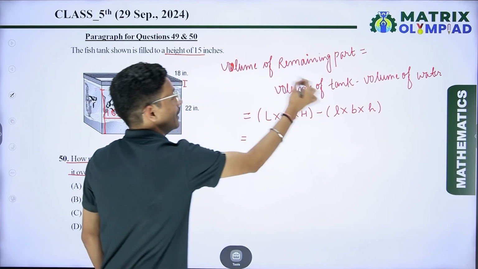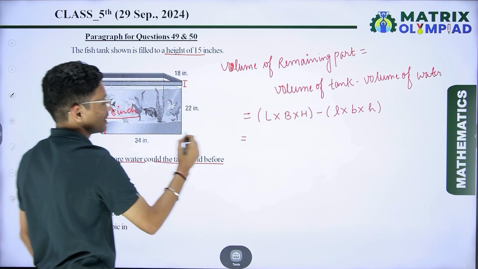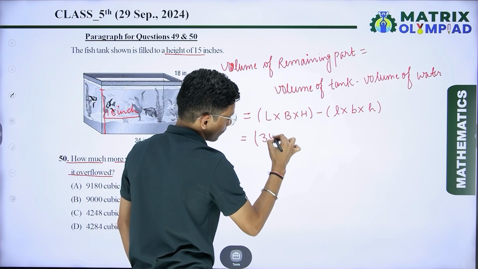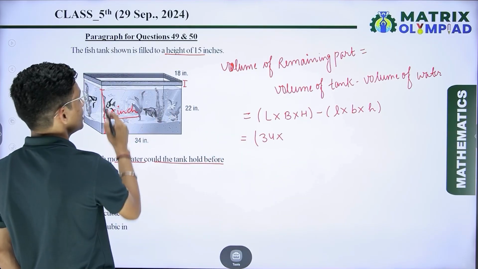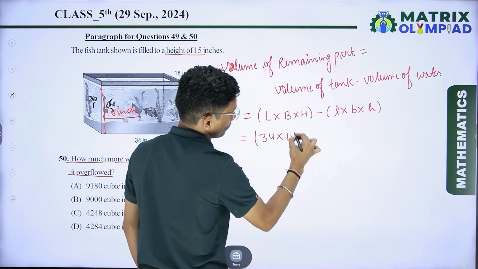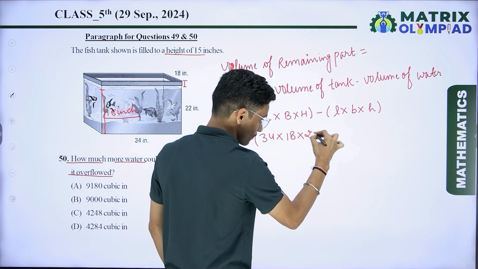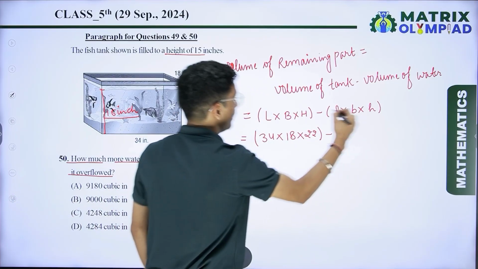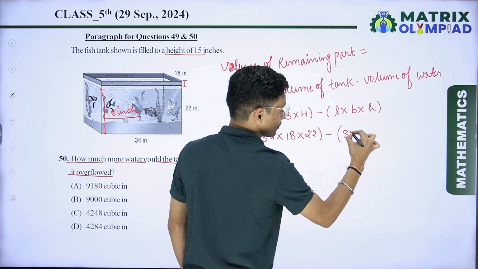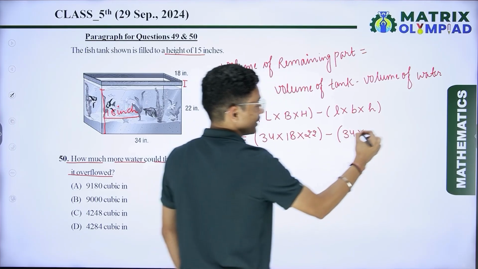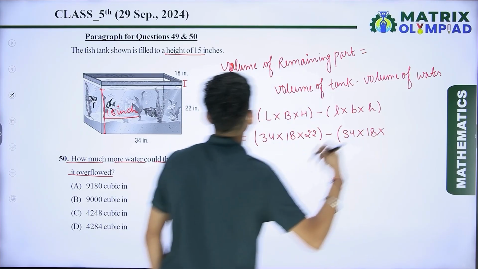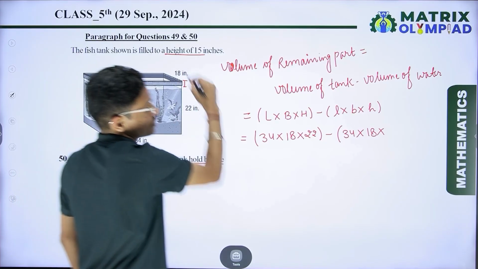So here the length of the tank is 34, the breadth of the tank is 18 inch, multiplied by the height of the tank, which is 22 inch, minus again the length of the tank 34, multiplied by the breadth of the tank 18, multiplied by the height of water which is filled, that is 15 inch.